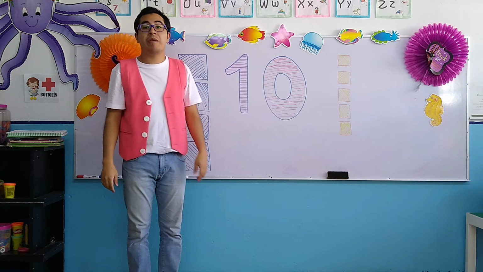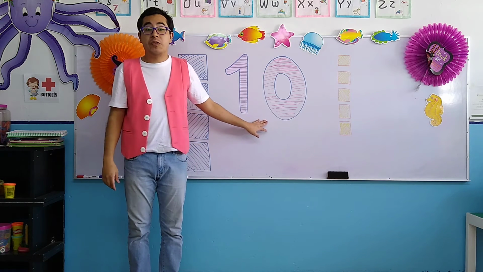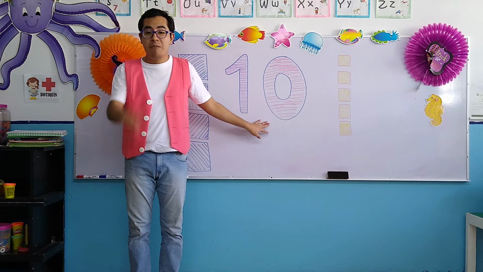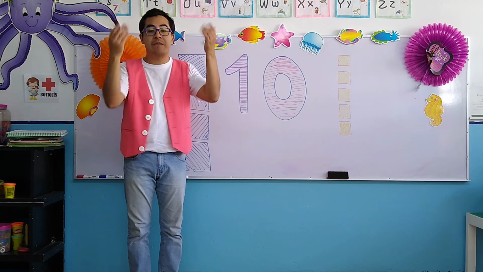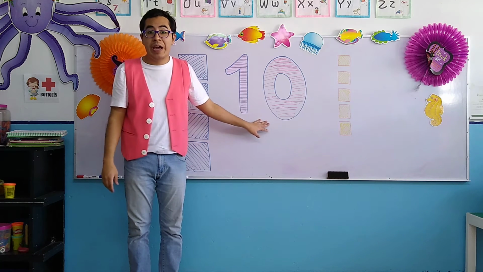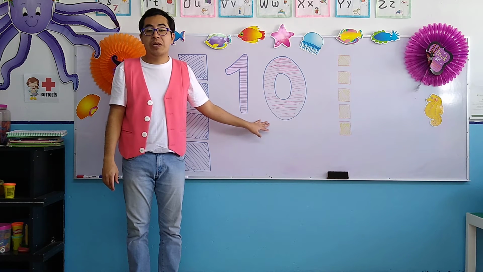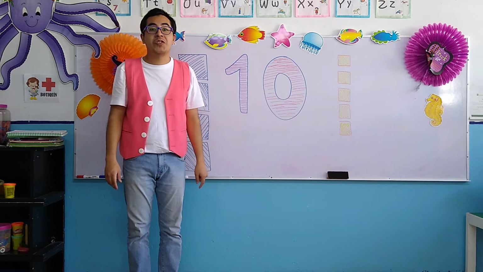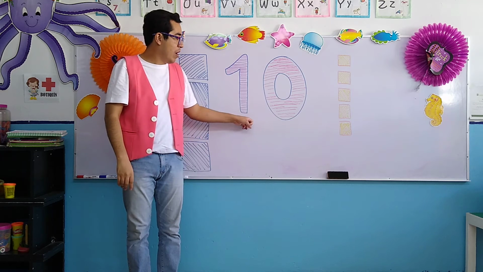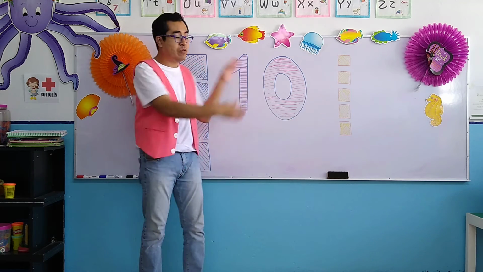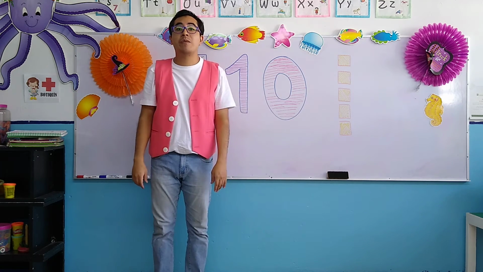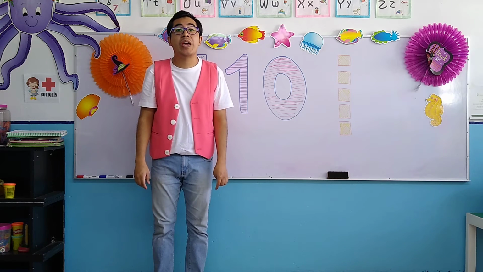So please, my children, repeat after me. Number 10. One more time, a little bit louder, más fuerte. Number 10. Excellent. And don't forget, number 10, two numbers, 1 and the 0. And we put them together, los juntamos, it creates number 10, okay?